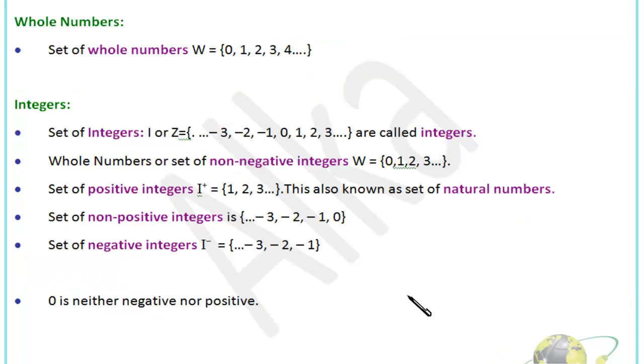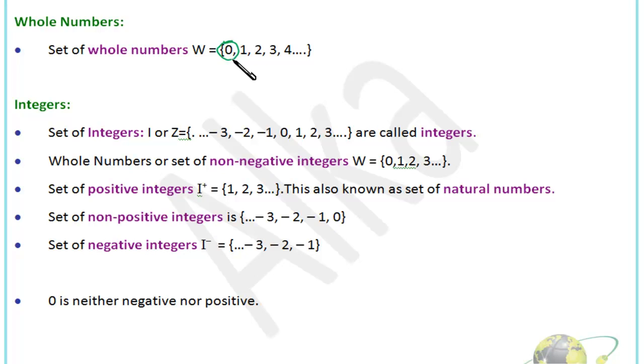Now friends, next in the series is whole numbers. We have just discussed natural numbers. Now what is the set of whole numbers? All the elements of natural numbers are there in the set of whole numbers. One element is extra, that is 0. So that is the only difference between natural numbers and whole numbers. That is number 0.